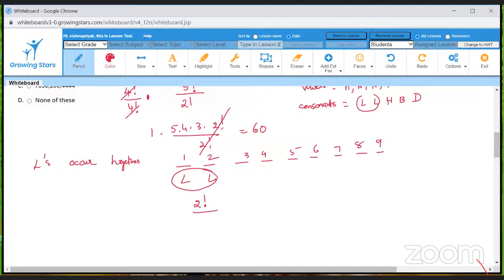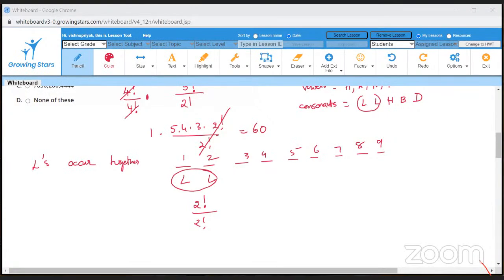So for the L's, we have already taken care. Now the remaining are the other 8 letters. Why am I saying 8 letters?